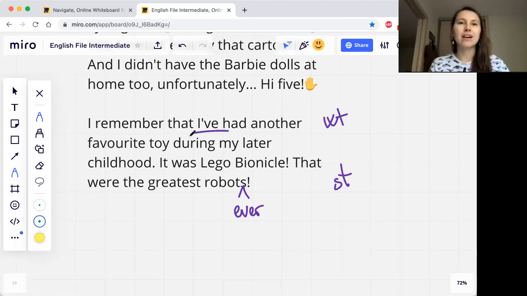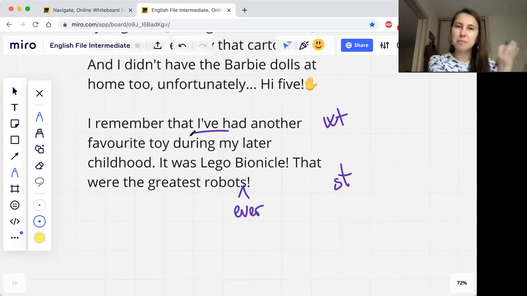But when we discuss something that happened to us as children, and it's connected only to our childhood, and it cannot be repeated again, like we cannot go to school for the second time, or I cannot be a child from a kindergarten.